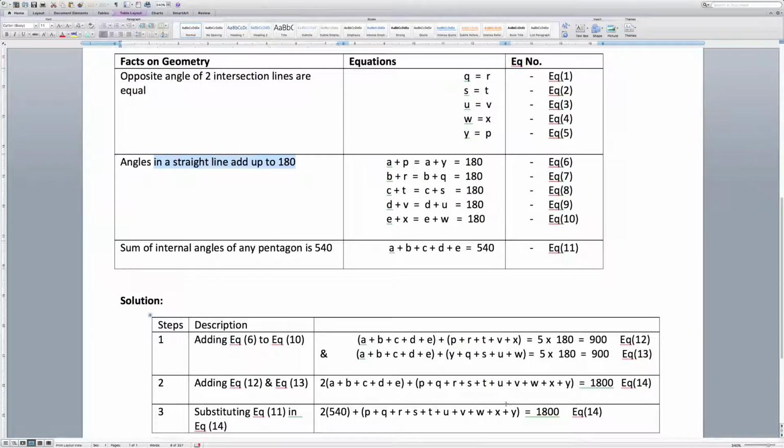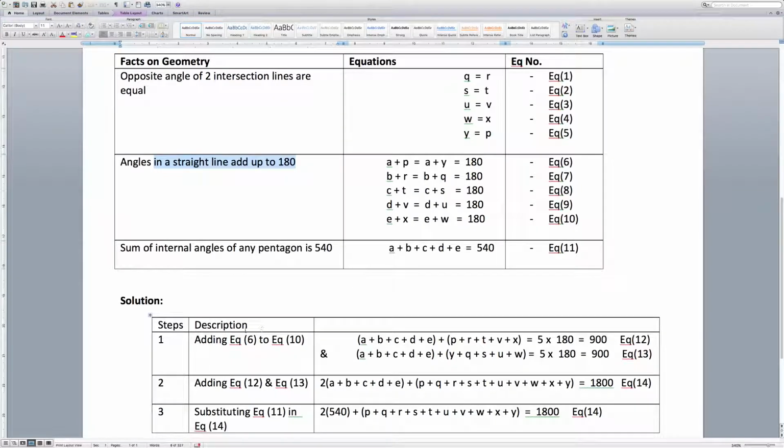If you look at the objective and the equations given to you, it becomes very obvious that in order to get the sum of P, Q, R, S, T, U, V, W, X, Y, etc., you need to add all these equations. That's why having the objective in front of you, alongside the equations that you've arrived at using the fundamental principles of maths, helps you in deciding what your step should be.